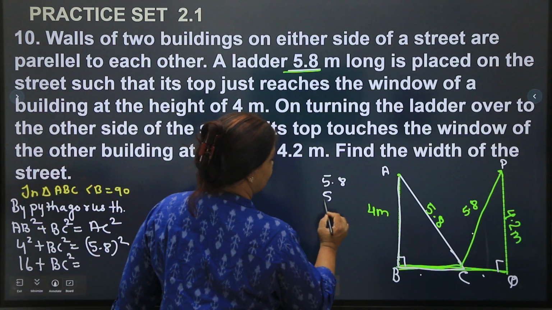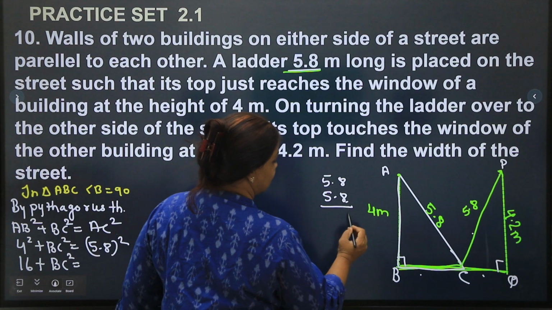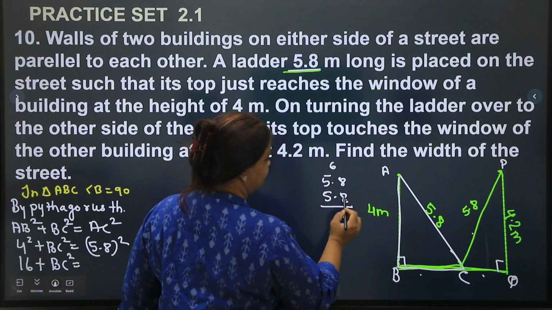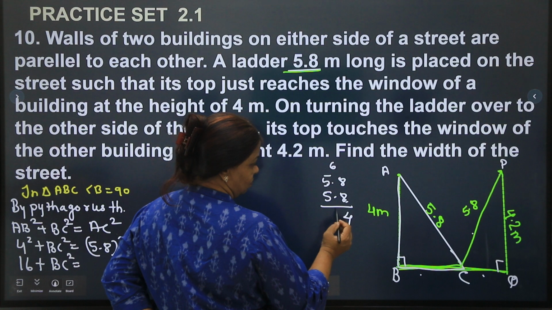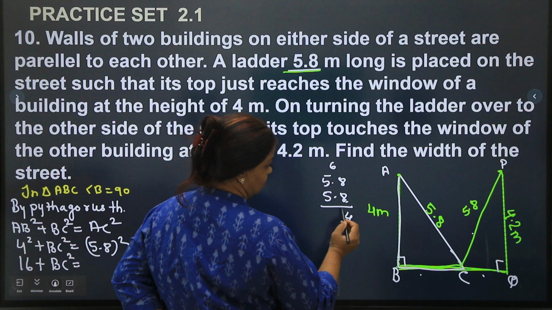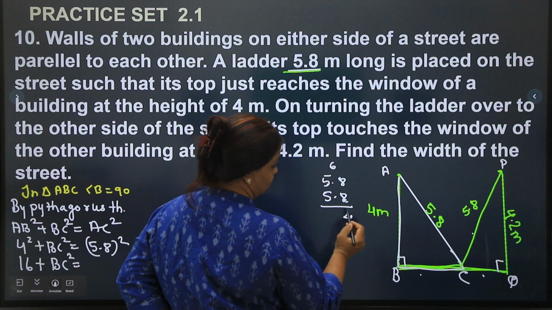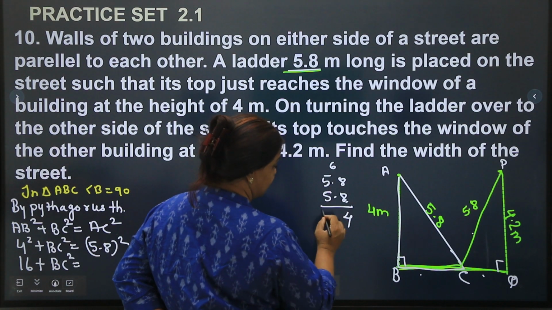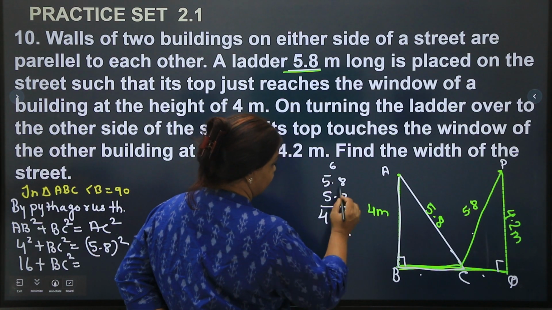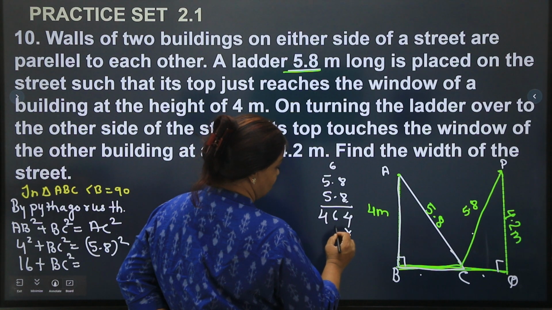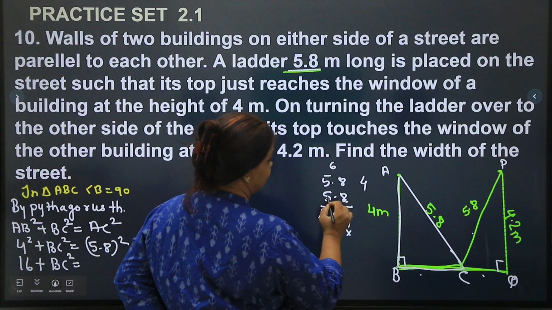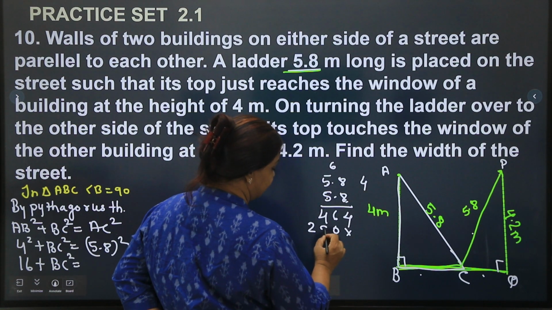5.8 square. Okay, 8 8s are 64, carry 6, 8 5s are 40, 46, 5 8s are 40, 5 5s are 25 plus 4 is 29.